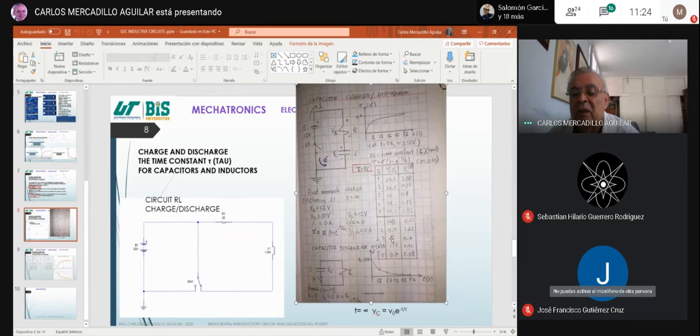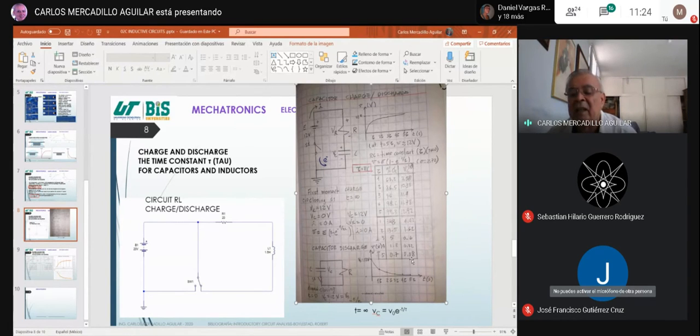At 3 taus, it will descend to 5% of the voltage, and at 5 taus, it will descend to 0.7% of the value. We multiply this by V0, and we will have these voltages: 4.42 volts and 0.08 volts.